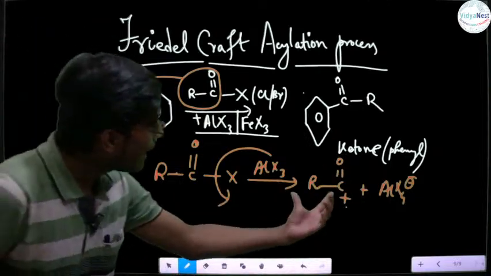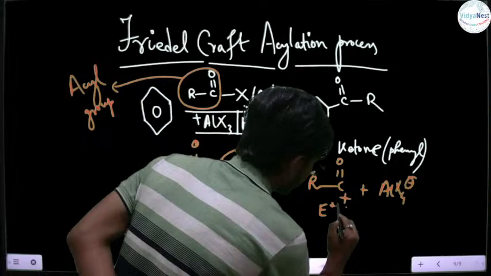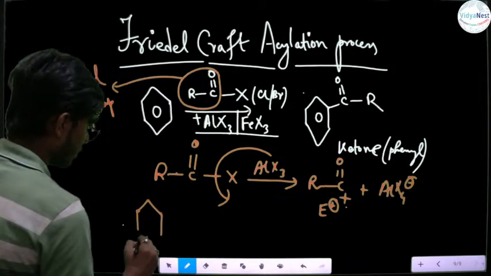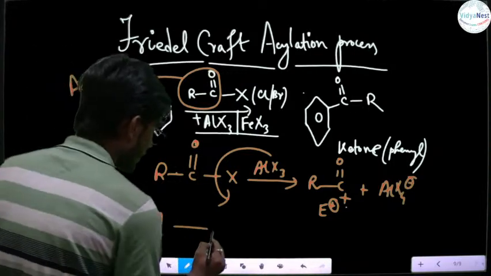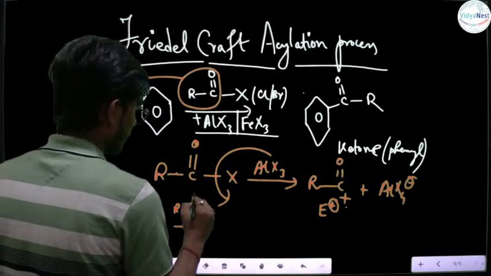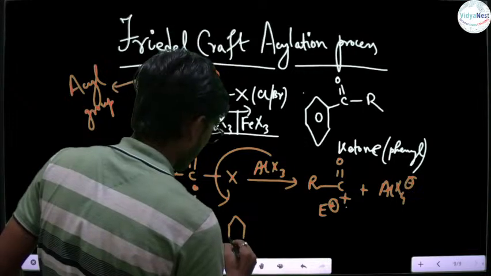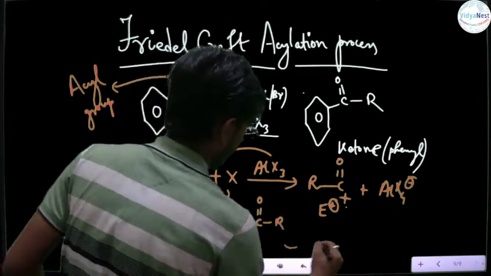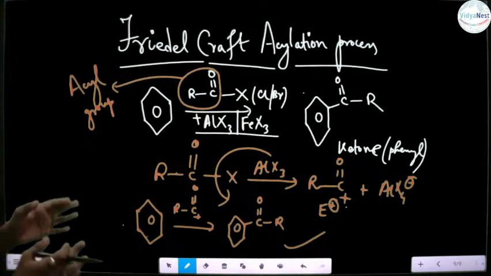This acyl carbocation is our electrophile, and this electrophile gets connected to the benzene ring. So we get this phenyl ketone as a product. So that's our product. This is about our Friedel-Crafts acylation process.